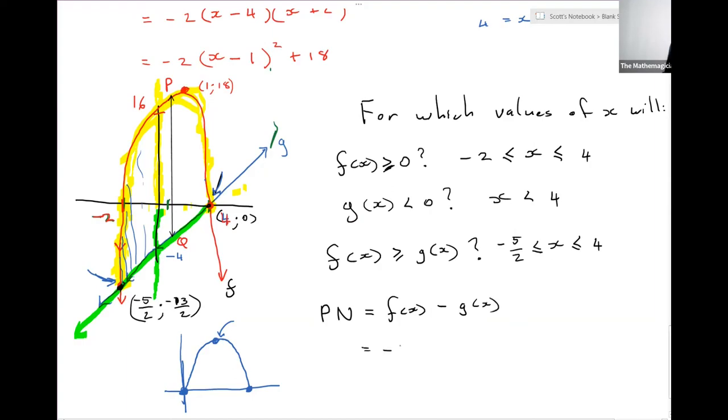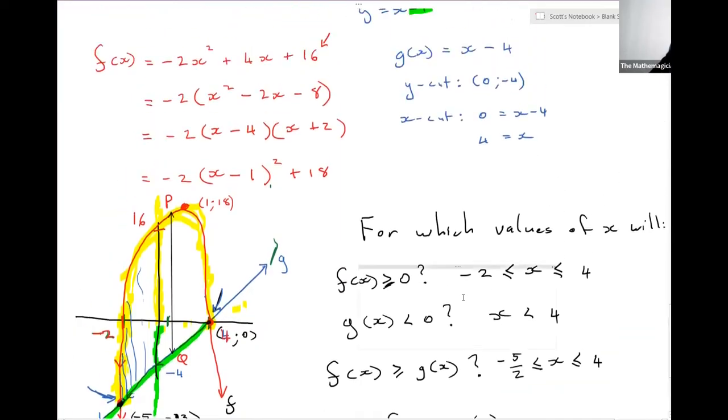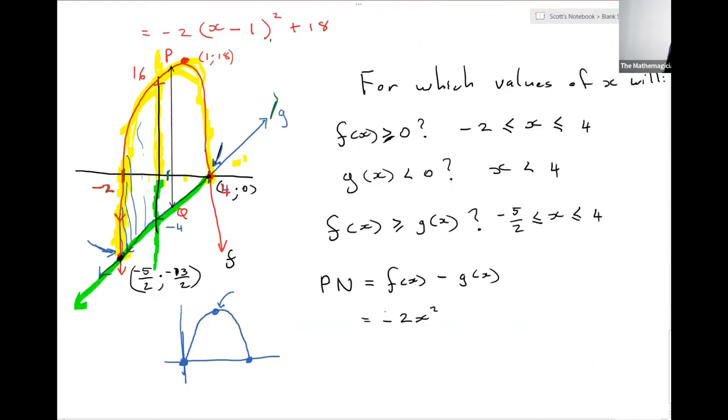So we're going to take the equation of the parabola, negative 2x squared plus 4x plus 16, minus bracket x minus 4. This bracket is super important because it's going to change the sign of both of them inside there. Great. So that means negative 2x squared minus x plus 3x and then plus 20. All right, great. Okay, everybody happy with that?